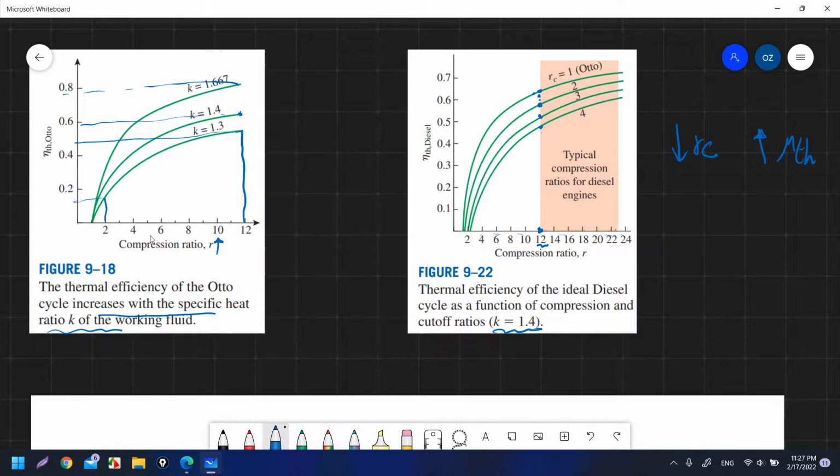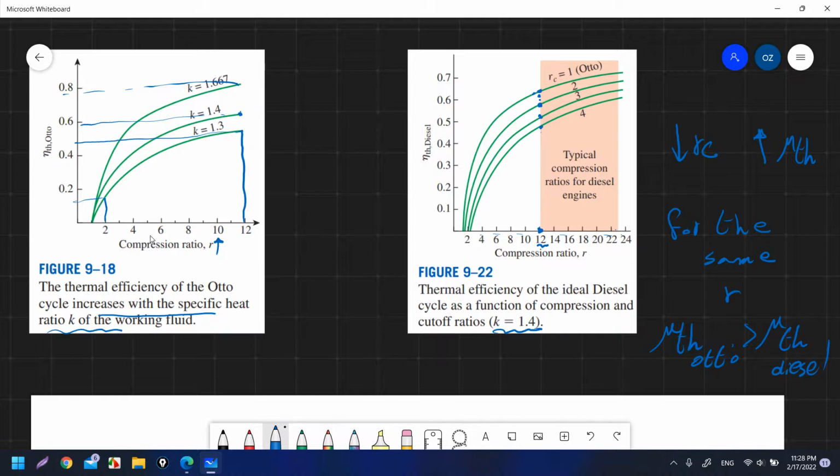For the same compression ratio, and this is important, not for different compression ratios, for the same R, the thermal efficiency for Otto is always higher than the thermal efficiency for diesel. So what is the benefit of diesel?